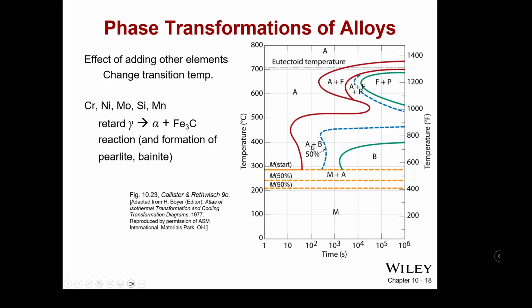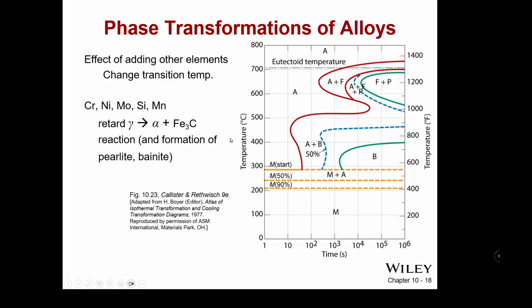You get alpha and bainite at this region. You have perlite up at this region. But again, you're talking a single second to get really down into the martensite range. 10 seconds gets you some bainite, some martensite.